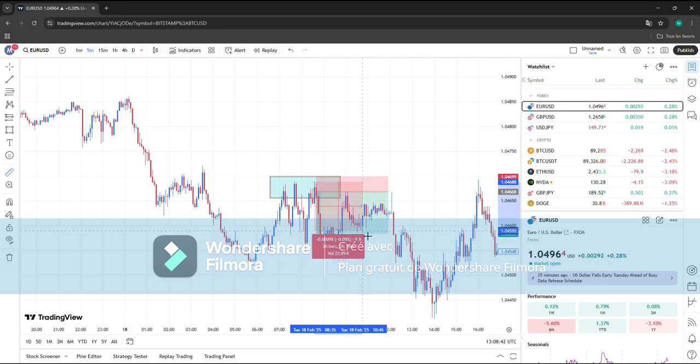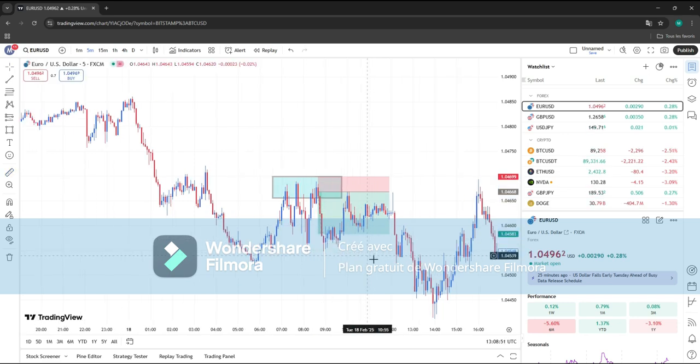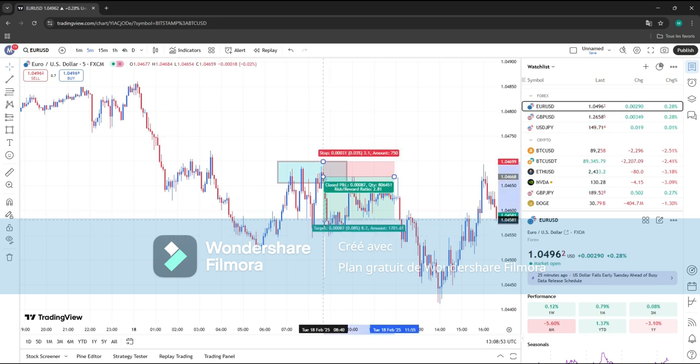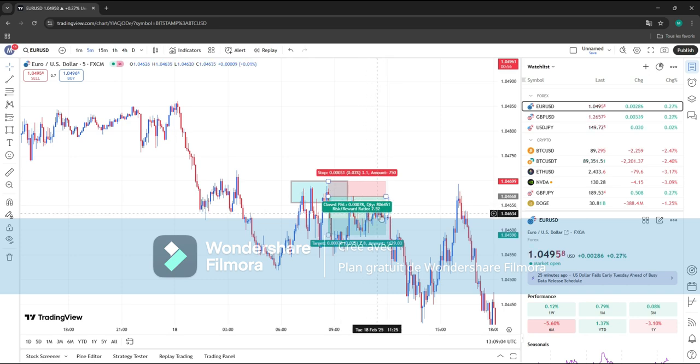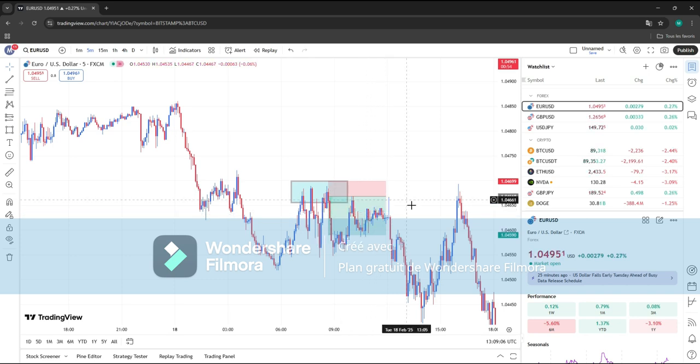When we look at the 11.9, we touch the 2.5 risk reward right here, and we win the trade.